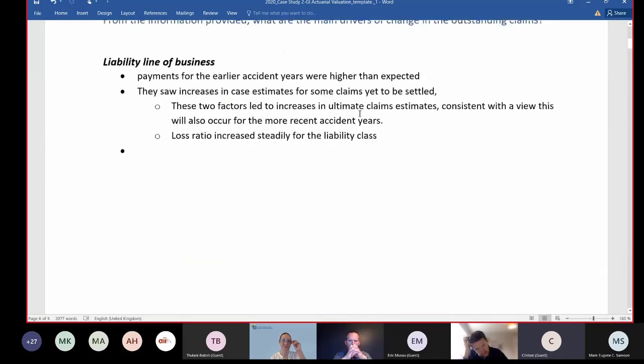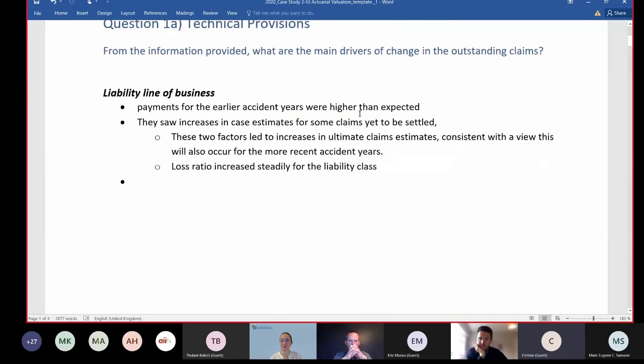So it stands to reason that if the case estimates are going higher for outstanding claims, then that was also going to cause a change in the total outstanding claims for the liability class. And realize that these two factors mentioned earlier were the ultimate causes of the more recent accident years. Yes.